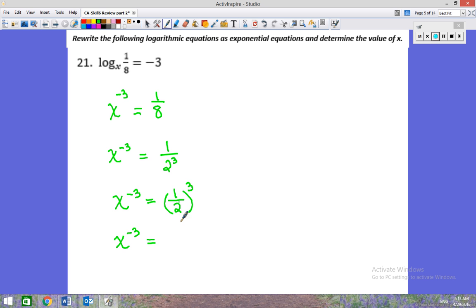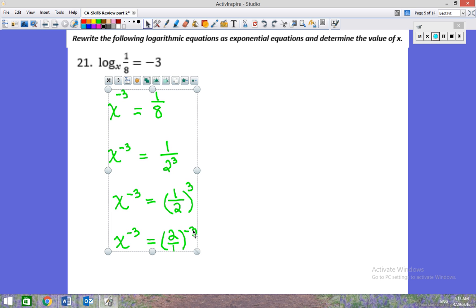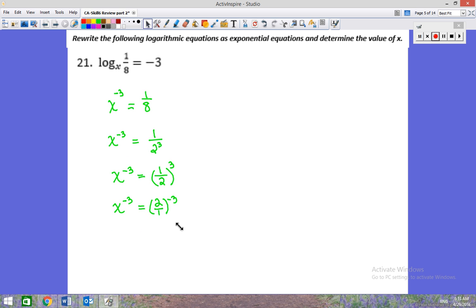If we flip the fraction, we've got to change the sign of the exponent. So again, because this is one-to-one, if the numbers are the same and the exponents are the same, the base must be the same. So this x must be the 2 divided by 1, and 2 divided by 1 is just 2.